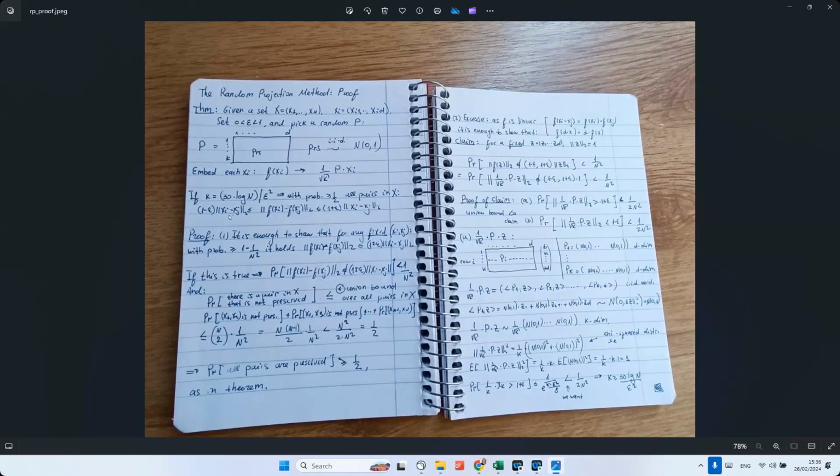Here we have a distribution that describes the length of the projected vector. We want to show that this distribution is highly concentrated about its mean, meaning that the probability that its value is a little bit larger than its expectation is very, very small. These are so-called tail bounds.